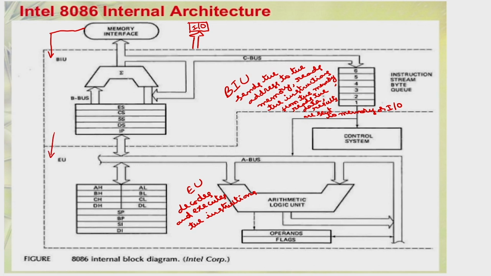While the microprocessor is executing the first instruction, the bus interface unit fetches several instructions, up to 6 instruction bytes. It prefetches and stores them in a temporary location called the queue. This queue is a first in first out register set. Each one is a register, and in total we have 6 registers.